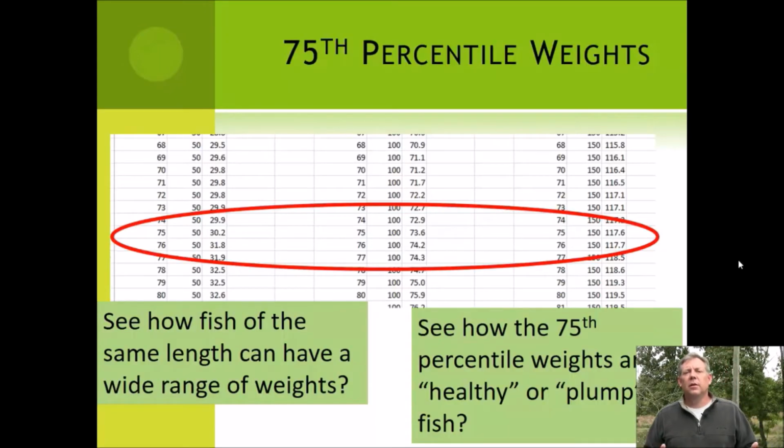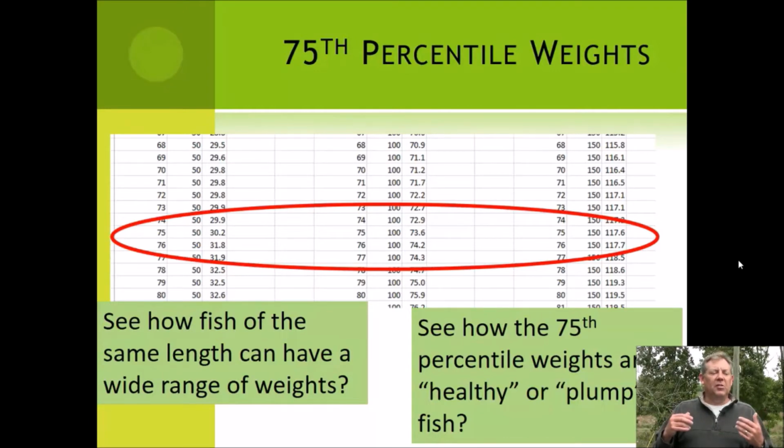Okay, so from that, you see now what I'm talking about. If we got all the, for example, 100 millimeter largemouth bass in North America, they would have a range of weights, and we could arrange them from the lightest weight to the greatest weight, and we could pick out the 75th percentile, and that's what we base our standard weight on.